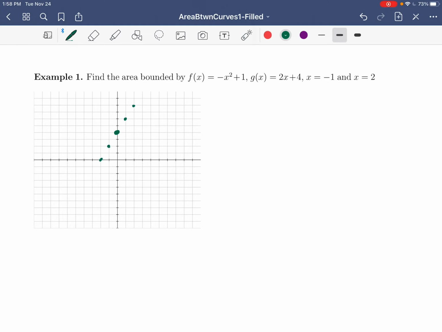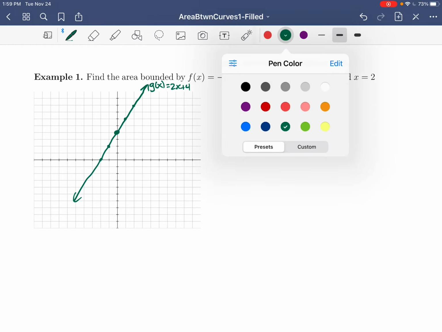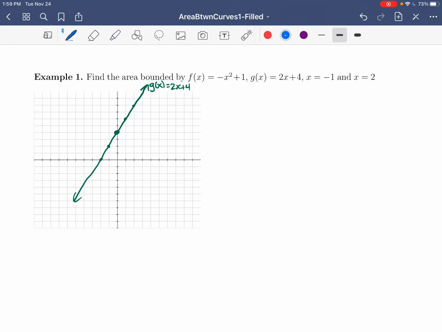It's going to be the line that looks like that. This is g of x. Then f of x is a parabola that opens down that's been shifted 1 up, so it's going to look like that.